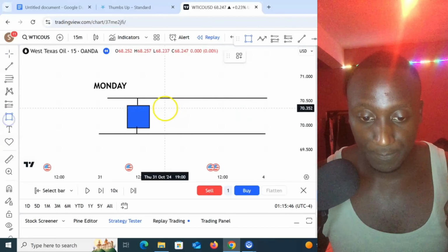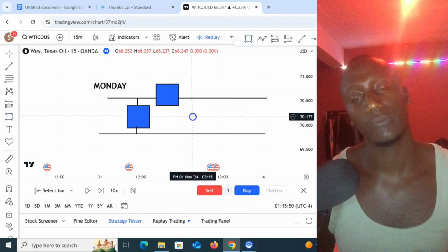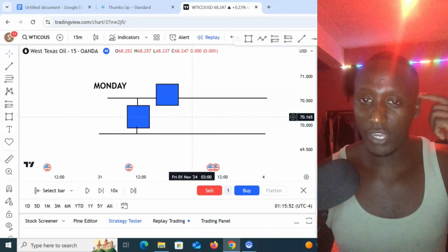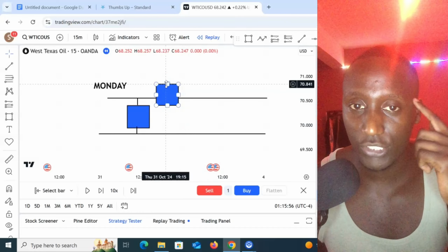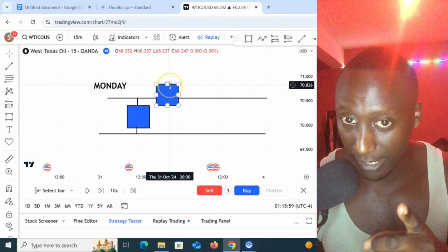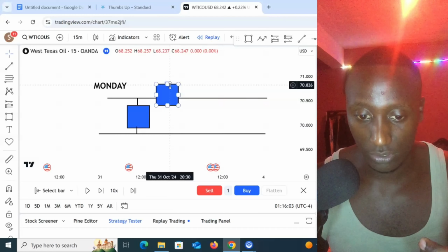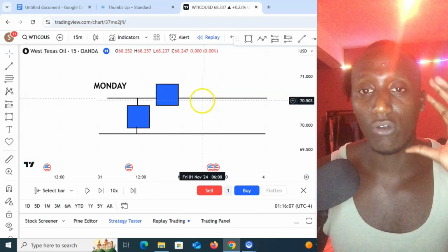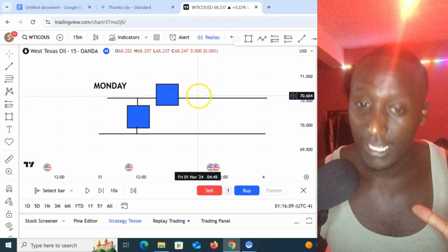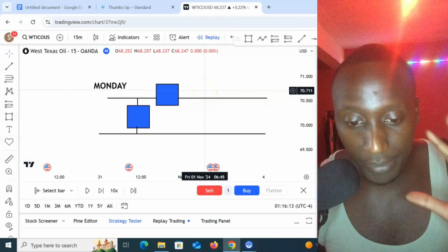So Tuesday opens, breaks out. In your head, you know, okay, if we have a breakout, we have a high probability of going higher. But remember, you are interested in selling, so reversals. So you are looking for the opposite of a breakout, which is a failed breakout. So what is a failed breakout?